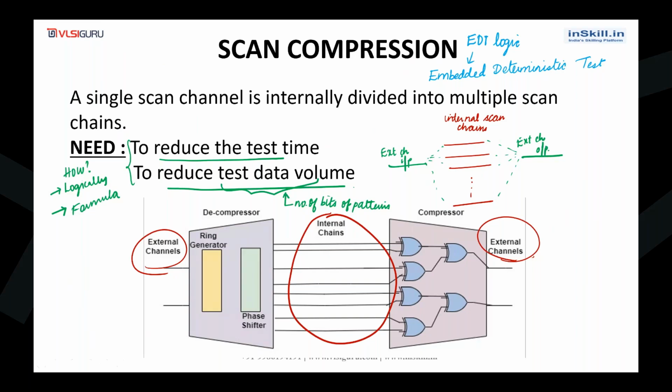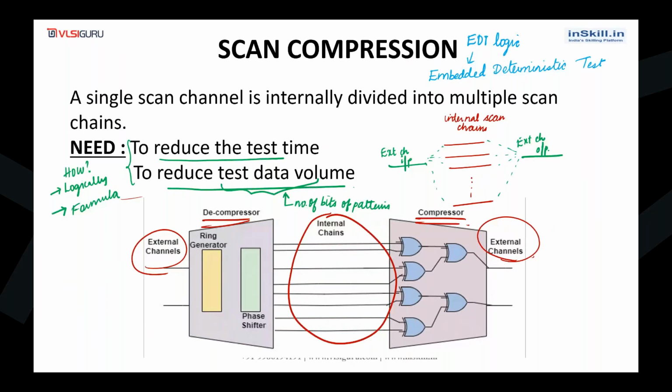In between the internal chains and external channels, you're able to see some components like the decompressor and compressor. So these are the components of the EDT logic.